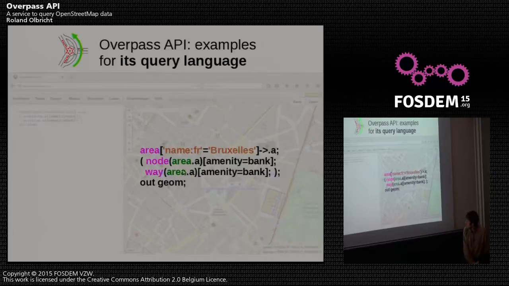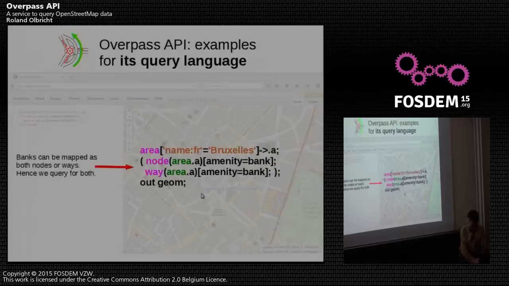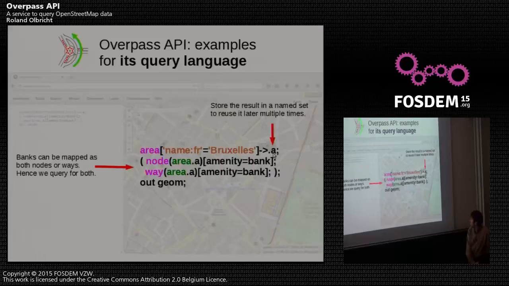We have essentially the same query as before. We are searching for amenity equals bank. This is the tagging for a bank. And we are searching for the area. There's just a subtle difference. I've stored the area in a dedicated variable, the result of the first line, to reuse it multiple times.